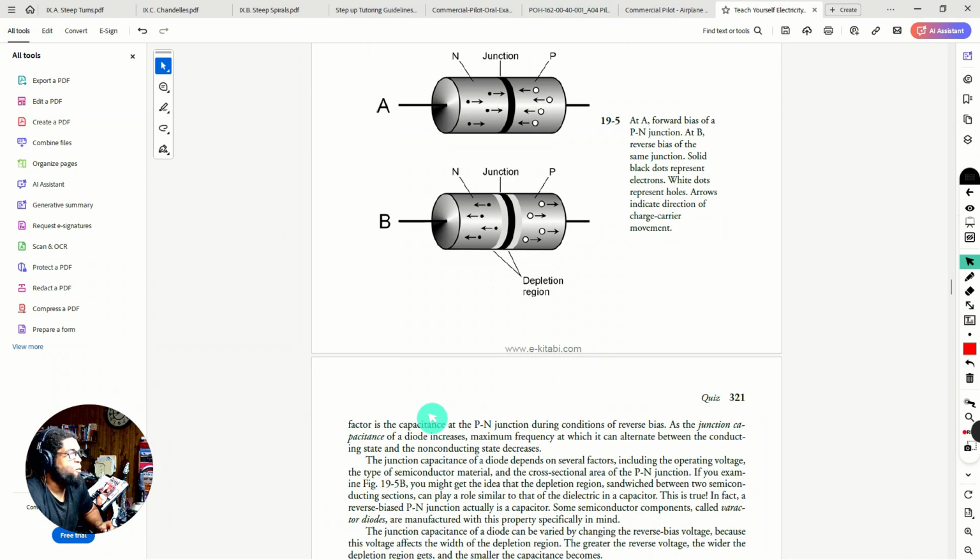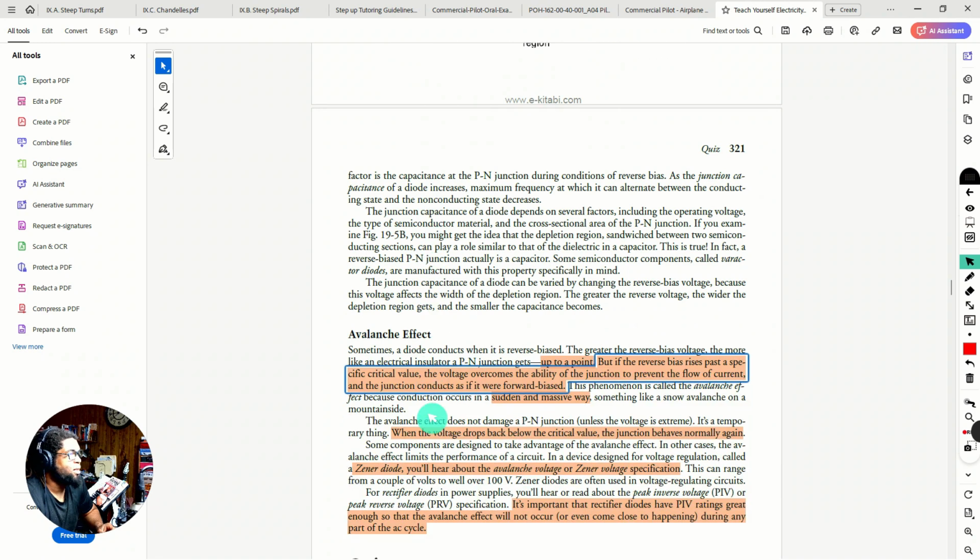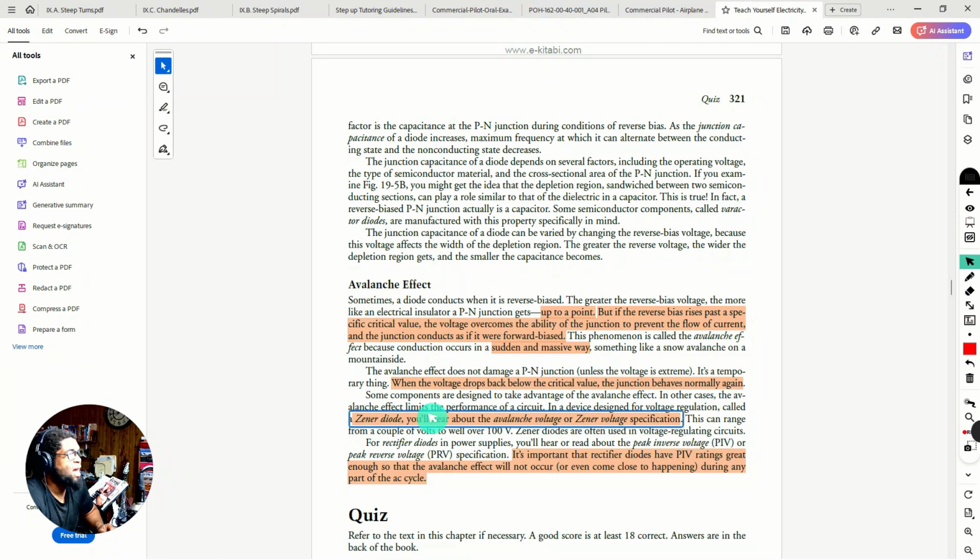There's one more thing I wanted to talk about here, and that is the avalanche effect. Sometimes a diode conducts when it's in reverse bias. Okay, so this is the other condition. Most of the time we're using diodes to be forward biased, but there are times where we might want to reverse bias them or have them be able to operate in reverse bias, and this is what he's going to talk about here. Sometimes the diode conducts when it's reverse biased.